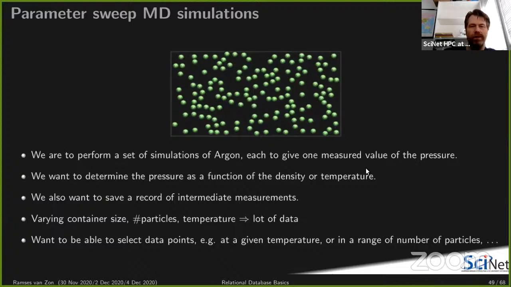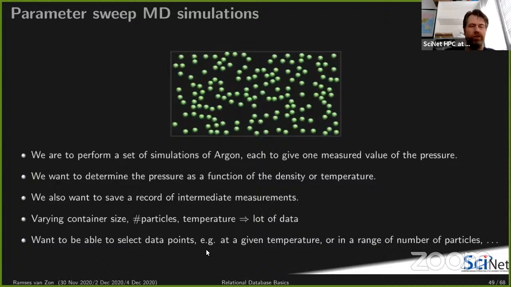Right now, we're going to be varying the density and the temperature, but we might want to vary other things as well. And so it could lead to essentially a rather high dimensional data set. But we want to be able to access that data set and select data points at, say, given temperatures or a range of number of particles. So the kinds of things that we would do with a select statement.